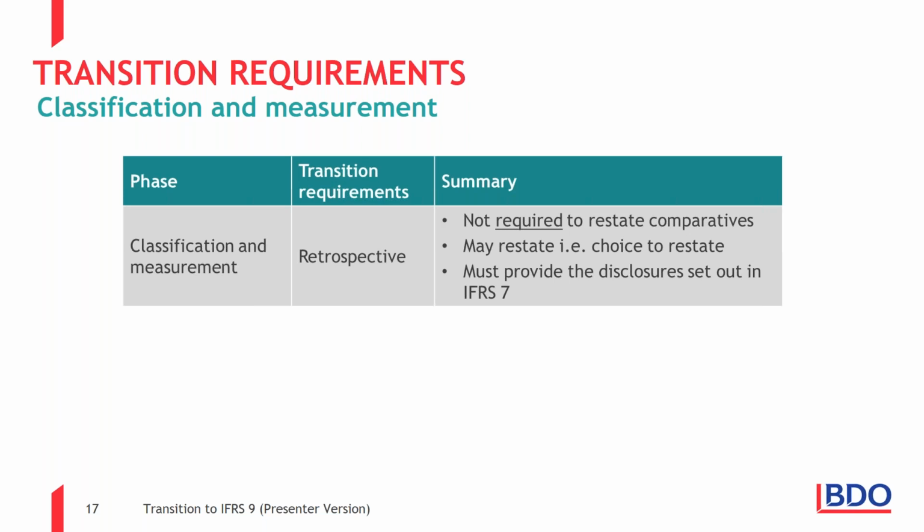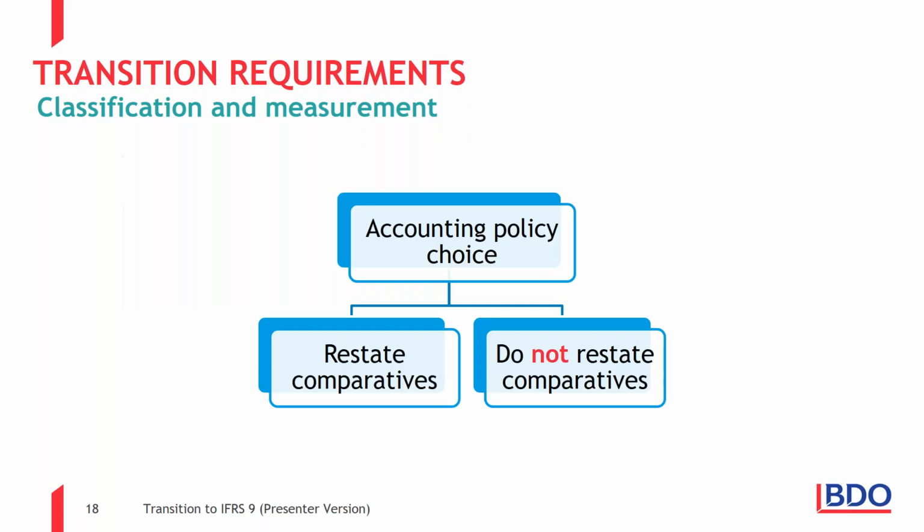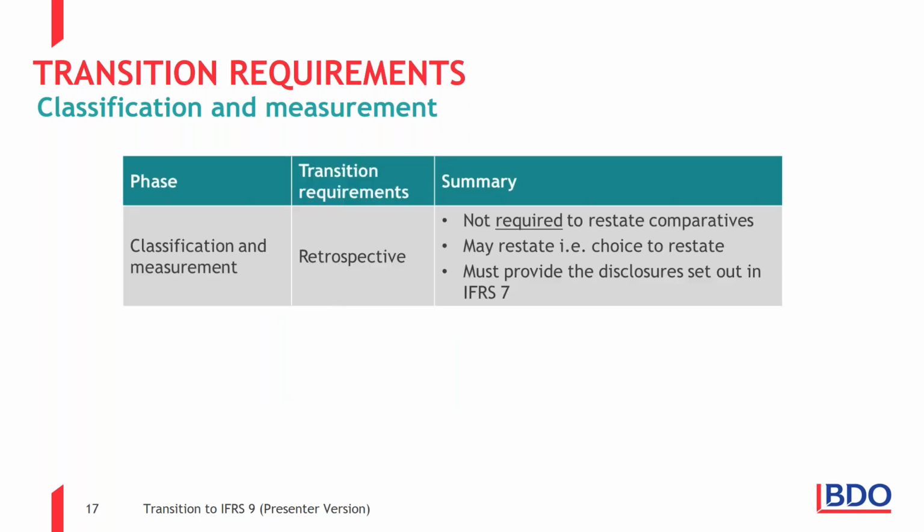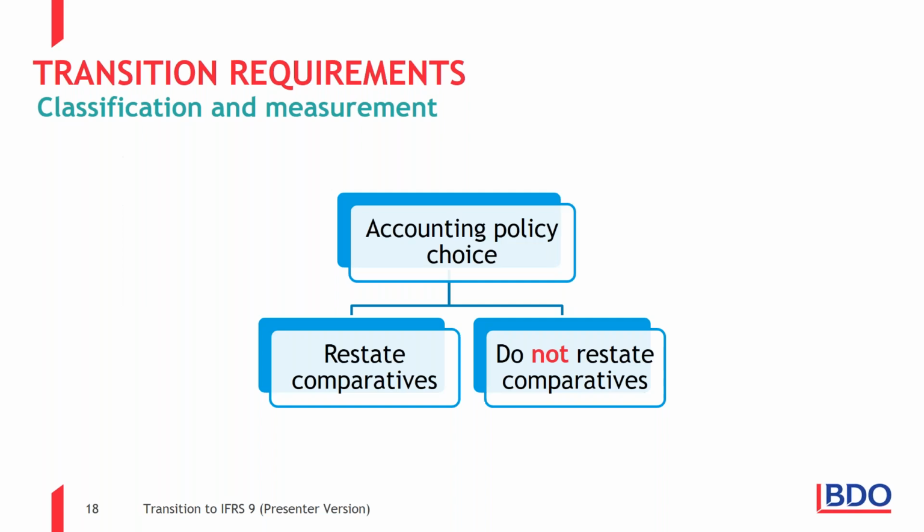Important is you have to disclose all the disclosures required by IFRS 7. As you know, financial instruments are covered in IFRS 9 and IFRS 7. IFRS 9 has the recognition and measurement, and IFRS 7 the disclosure aspects.